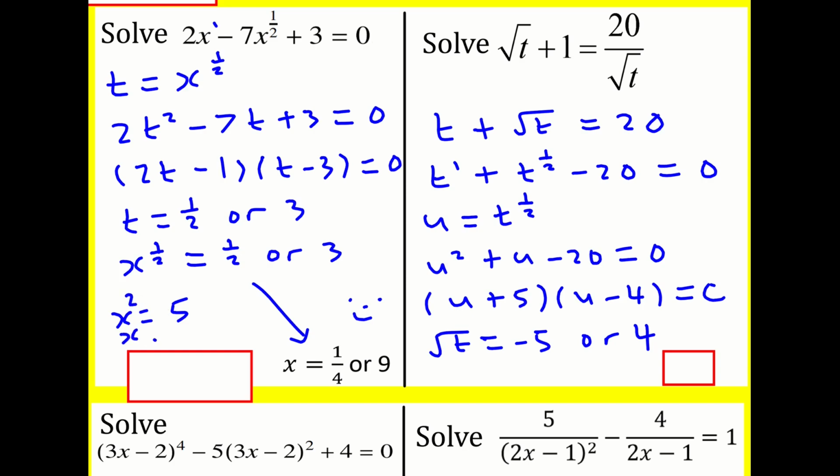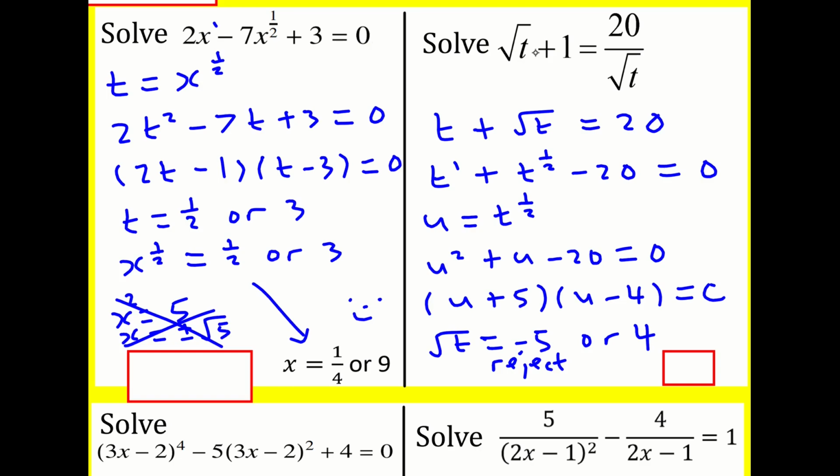You could do that: x is equal to plus or minus the square root of 5. But that's different than saying the square root of x is equal to minus 5. You can't square root a number and get a negative. It's always going to be positive. This is a function and it's always positive. So actually we need to reject this.